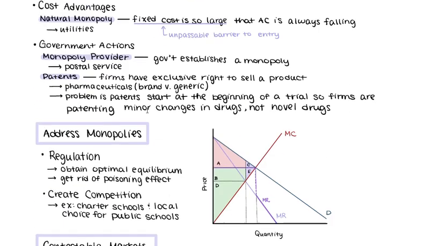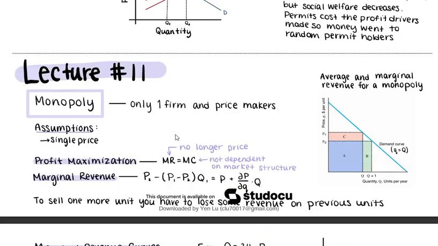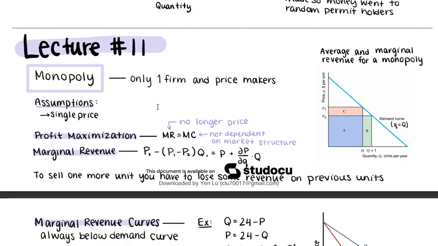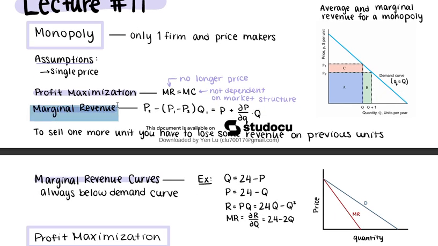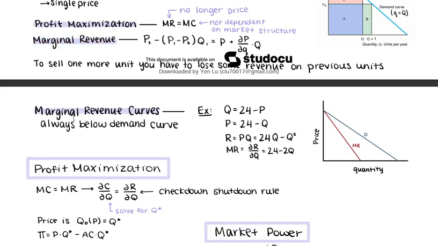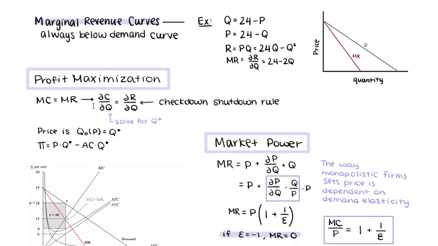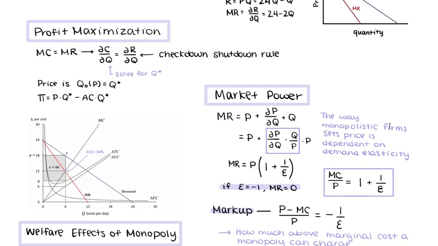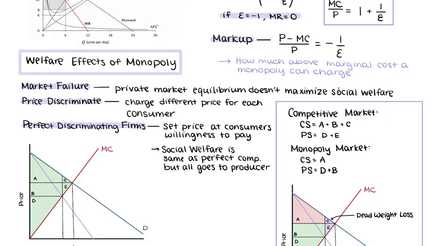So that's all about monopoly. We can quickly review it. Price makers and marginal revenue, how we derive the marginal revenue curves, and how market power is highly related to the elasticity of demand.